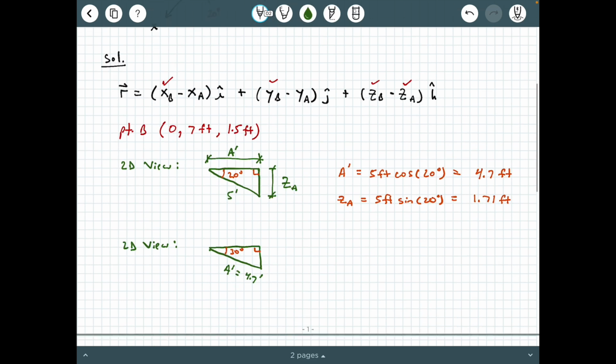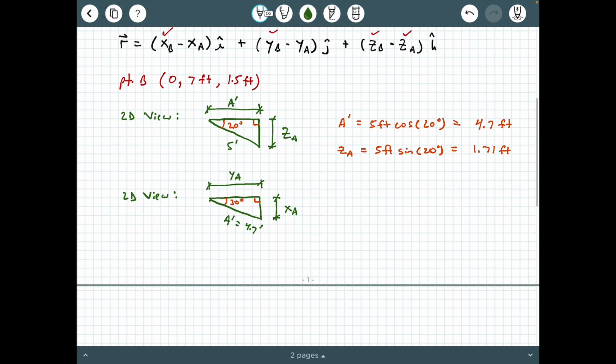So this is the YA length, and this is the XA length. And similar to what I did before, I'm just using right triangle trigonometry, and I'm going to be able to say that YA is equal to that A prime, which is 4.7 feet, times the cosine of that 30-degree angle.